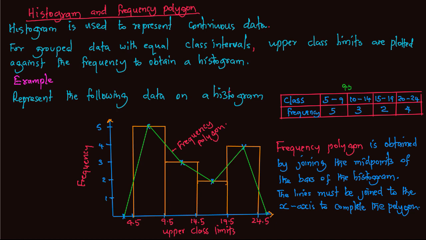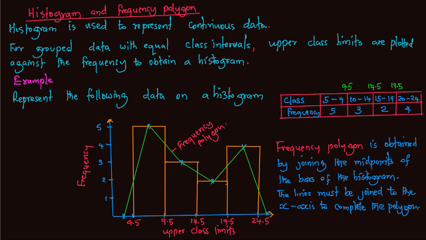So in this case, for the class 5 to 9 and 10 to 14, the midpoint is 9.5. The midpoint of the class 10 to 14, 15 to 19 is 14.5. The midpoint of the class 15 to 19, 20 to 24 is 19.5.